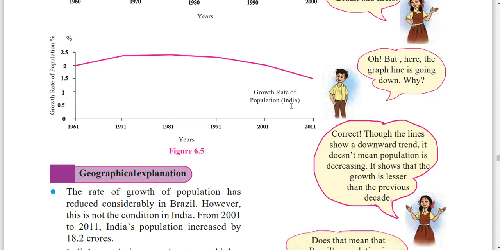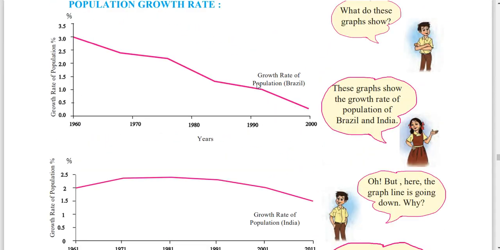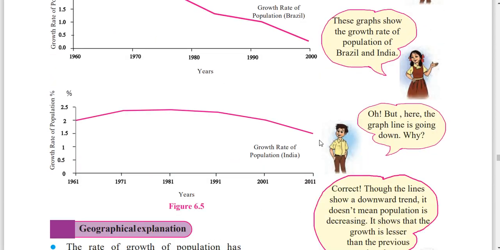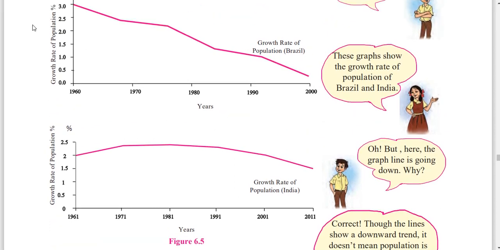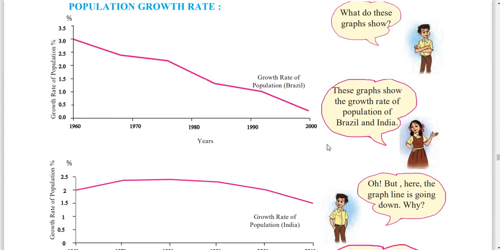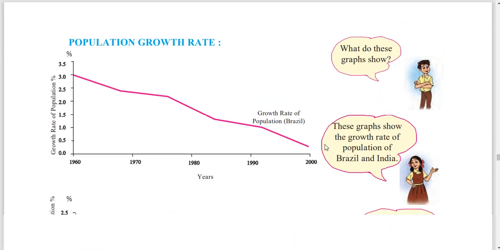It is still higher than Brazil. Brazil's growth rate is decreasing to almost zero, slightly above zero, but India's is still 1.5%. In Brazil, it was 1.5% in 1980. After that it is less than 1.5% and is continuously decreasing.